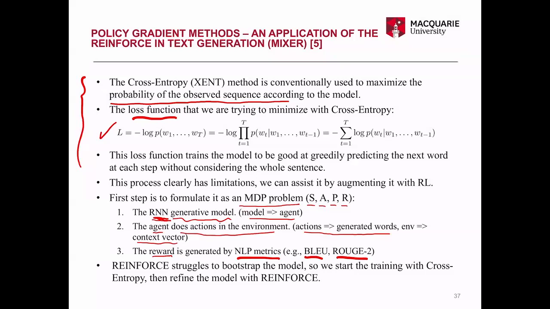SPICE is one of them, or METEOR, and they're used in different areas for text summarization, translation, and so on. So these metrics can act like rewards for our agent, the RNN generative model.